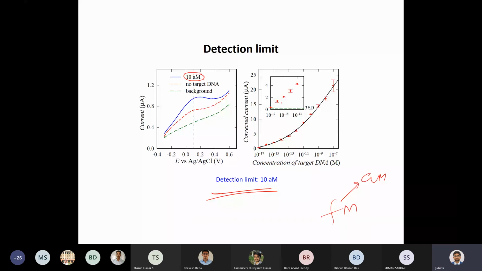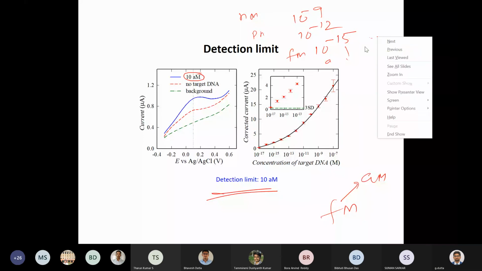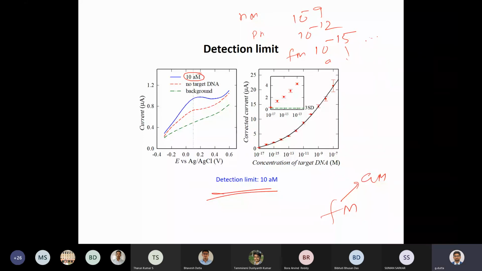Nanomolar means 10 to the power minus 9, right? Pico means 10 to the power minus 12. Femto means 10 to the power minus 15. And atto means 10 to the power minus 18. So you can go to quite a low detection level.